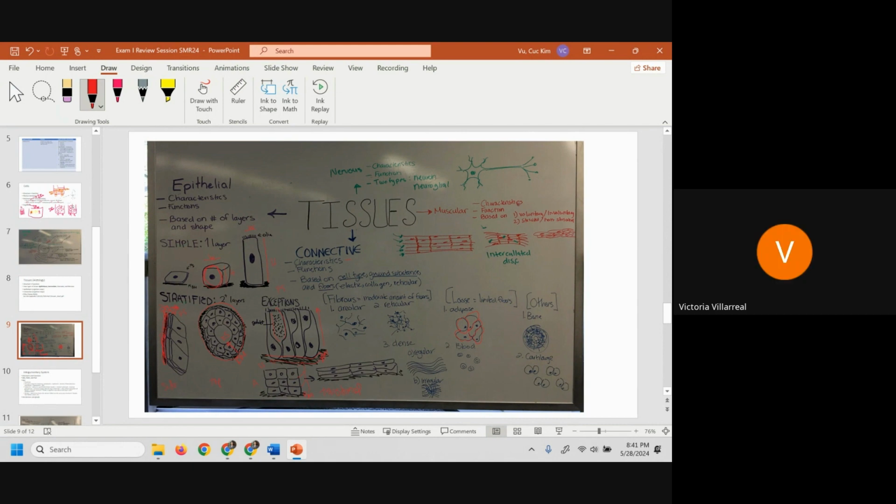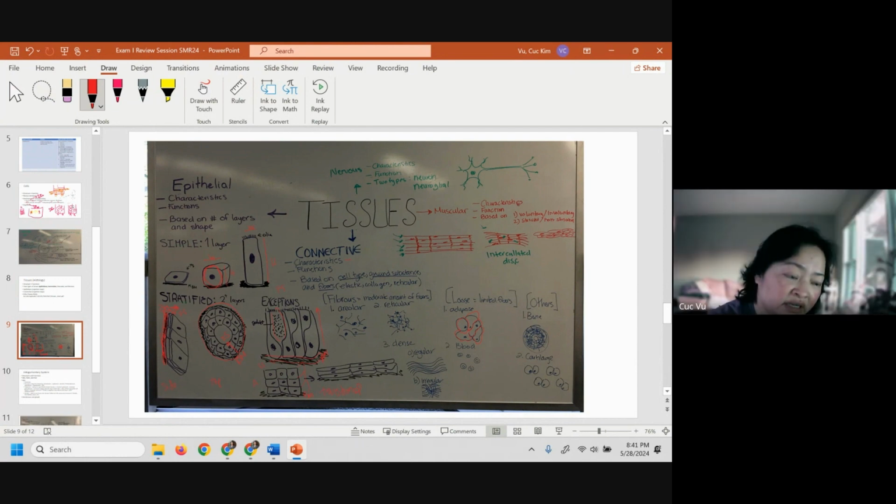Okay, I have a question. I even asked my classmates: areolar and reticular, they're not loose connective tissues? No, because technically, in order to be loose connective tissue, it has to have a limited number of fibers.